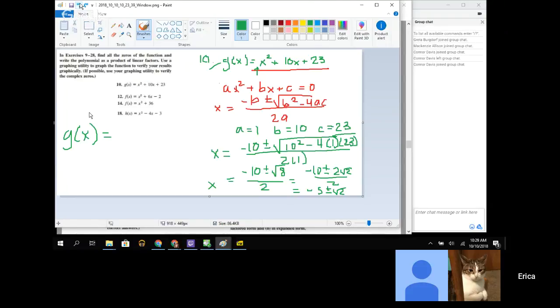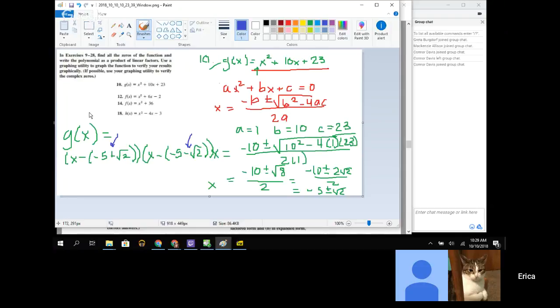So if I wanted to write the factors of this equation, it would be x minus negative 5 plus the square root of 2, times x minus negative 5 minus the square root of 2. The difference is that this is the plus and minus that we did, but we subtract both of them.